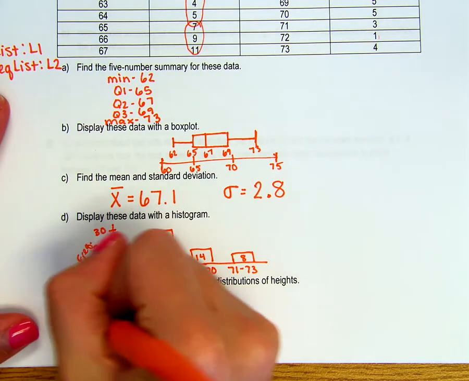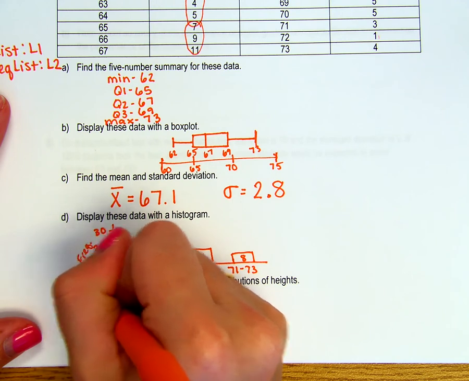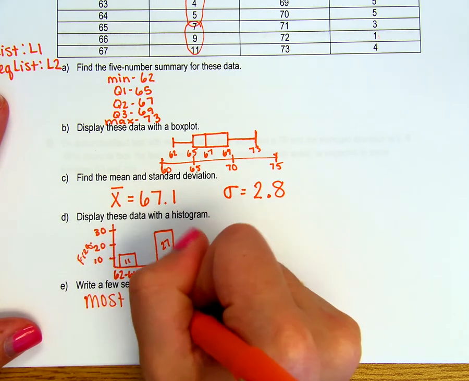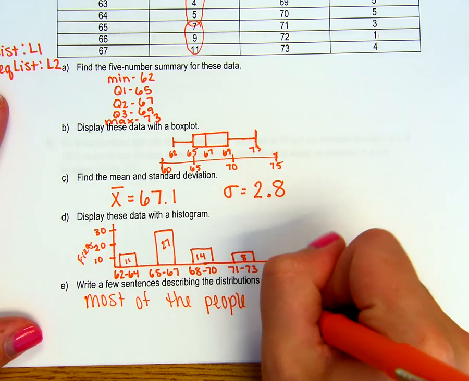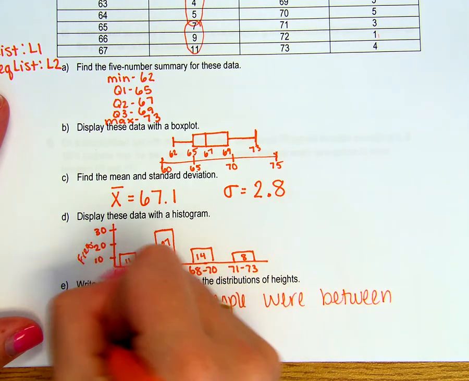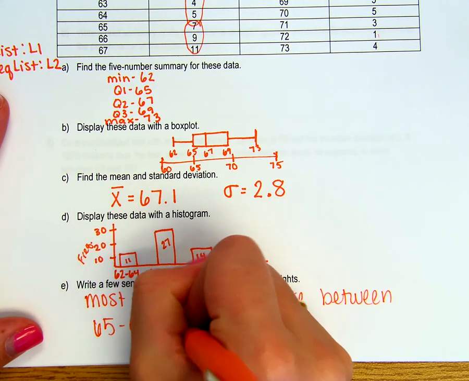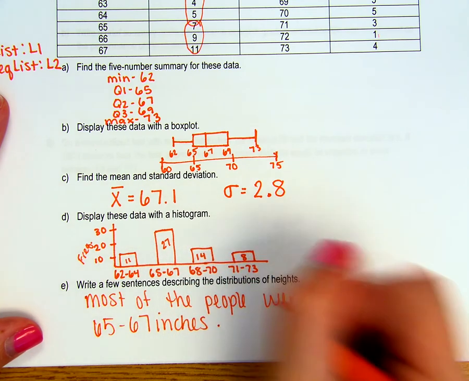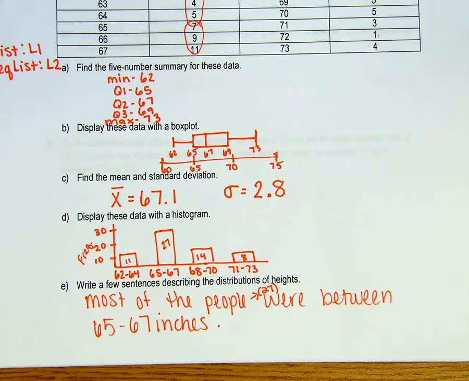So we can say most of the people were between 65 and 67 inches. We could say 27 out of the 60 were between 65 and 67 inches.